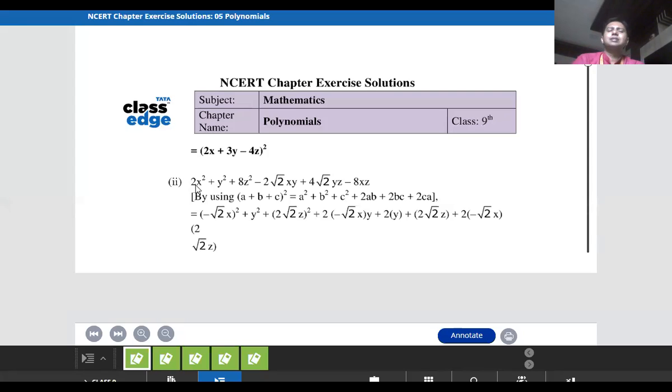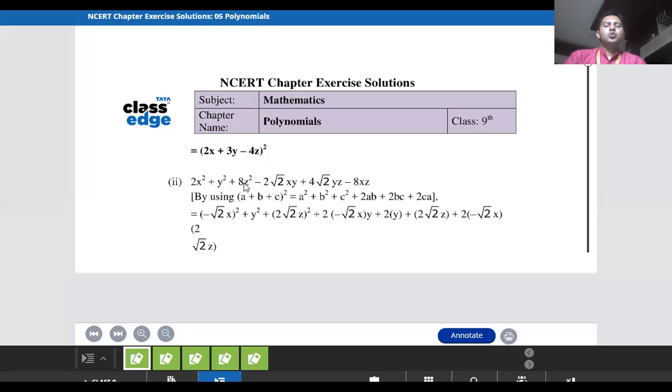So we'll write 2x square as under root 2x whole square, y square as it is. This 8z square will be 2 root 2 z square. If we do the prime factorization of 8, it is 2 into 2 into 2. If we take the under root, we take one pair, 2, common, and we have under root 2. So the 8 will be 2 root 2 z whole square.